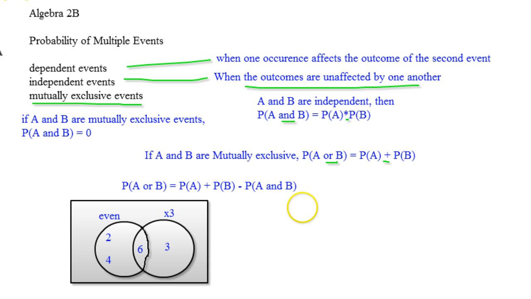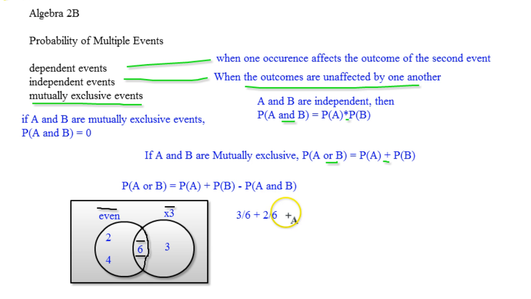Okay, now if I did the probability of A, the probability of A would be 3 out of 6. There's 3 even numbers out of 6, and then I add that with the 2 out of 6 for the second number. But if you notice something, I'm actually counting 6 twice. Once for the even numbers and once for the multiples of 3. So when I count it twice, I have to subtract it once.